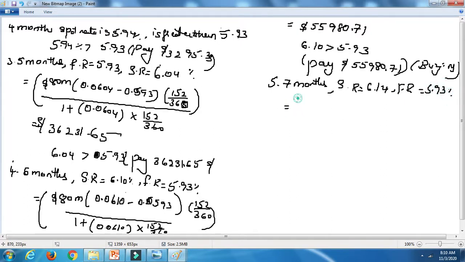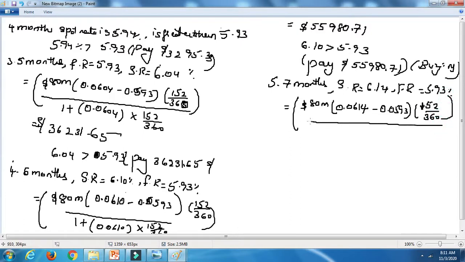So if you substitute here, $80 million into 0.0614 minus 0.0593 into 152 divided by 360, the whole divided by 1 plus 0.0614 into 152 divided by 360.